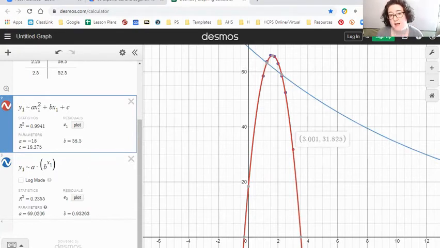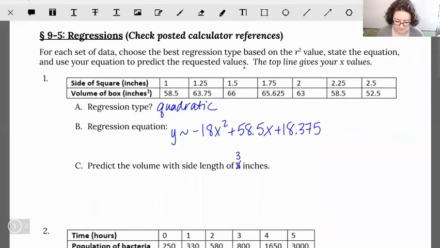And so it looks like at the point 3, or when x is equal to 3, our y value is going to be 31.875. So that's going to be our volume of our box. So let's write that in. Oops, new share. So back to our PDF reader.